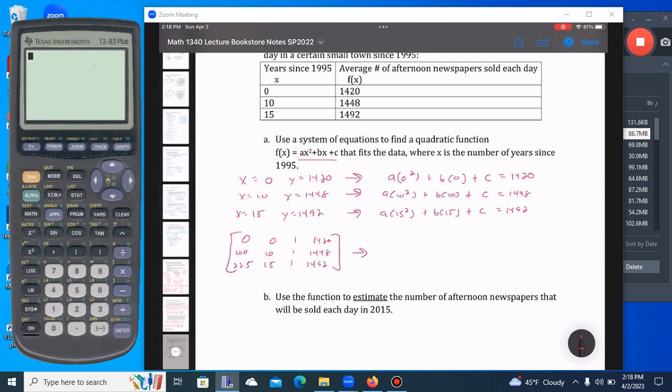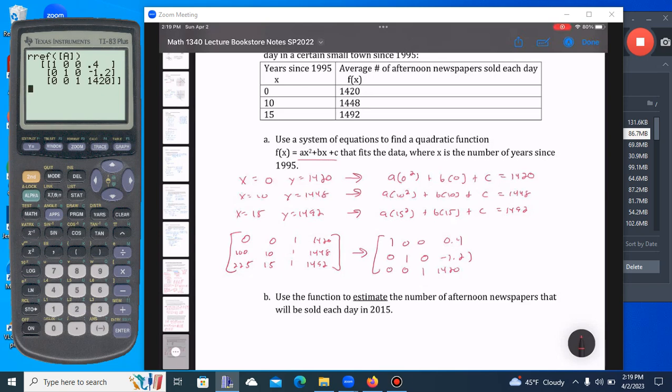So second quit, second matrix, reference, then second matrix, your matrix A. Then I get 1, 0, 0, 0.4, 0, 1, 0, negative 1.2, and 0, 0, 1, 1420.